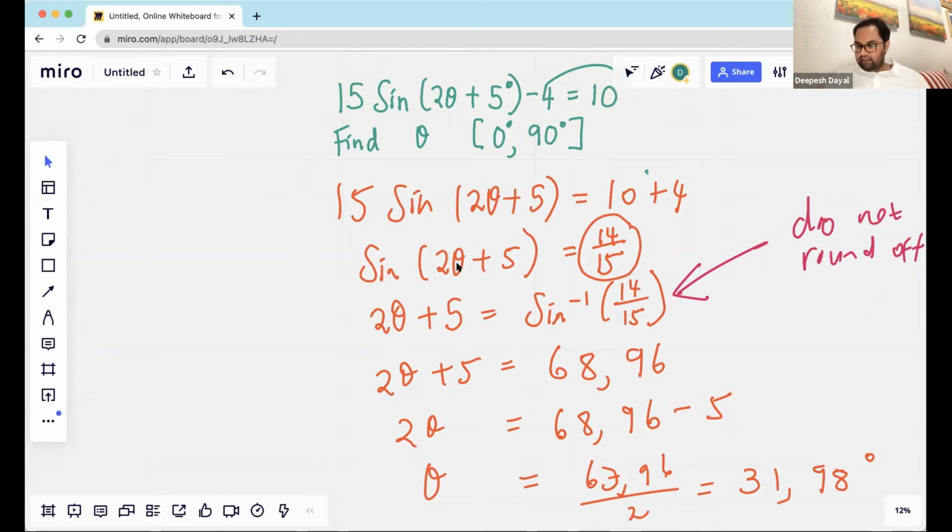Is that okay, everybody? Who has questions regarding this calculation of the equation?